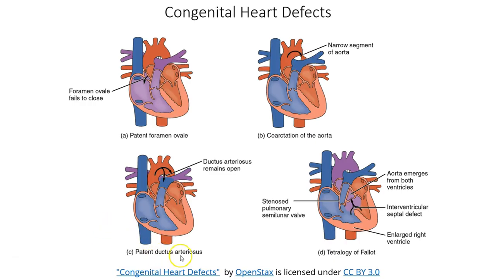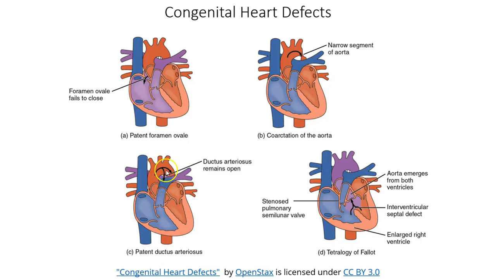Down here, the ductus arteriosus is going to be this section right here between the aorta and pulmonary trunk that is supposed to close and is not closing properly. And so this isn't great. This is going to mean that high pressure blood from the aorta can actually flow into the pulmonary trunk here.